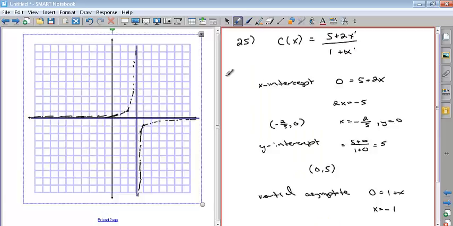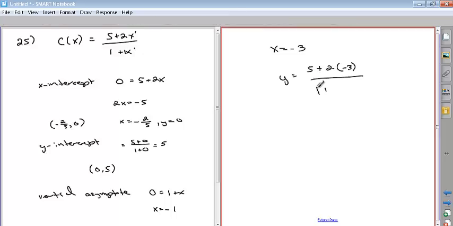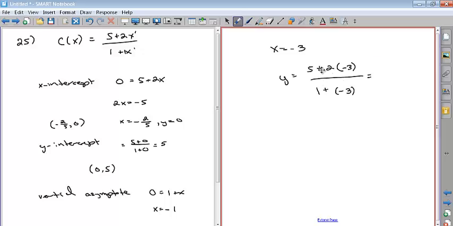So we're going to use x equals negative 3. If we do that, we'll get y is equal to 5 plus 2 times negative 3 divided by 1 plus negative 3. So that becomes 5 plus negative 6, so that's negative 1 divided by negative 2, which is a half.